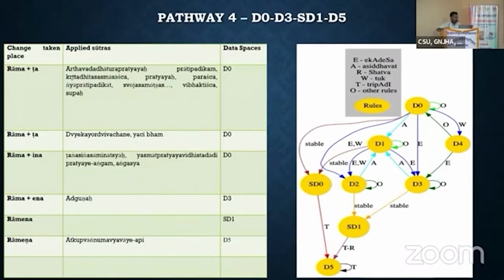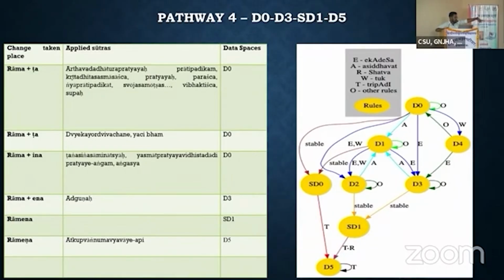Now we have the fourth pathway, which is D0 to D3, SD1 and SD5. This is a simple pathway which shows the ekadesha, and the rule and the rupa is ramena. So ram plus ta is the input, and the sutras arthavadhatura pratyaya pratipadikam, kritadit samasascha, pratyayah parascha, nya pratipadikat, will all be applied in the D0 state itself.